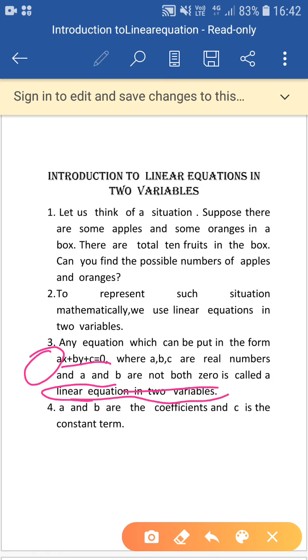Either a can be 0 or b can be 0, but both cannot be 0 together. And a and b are the coefficients and c is the constant term.